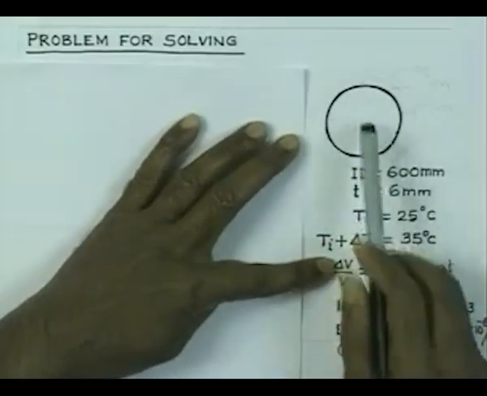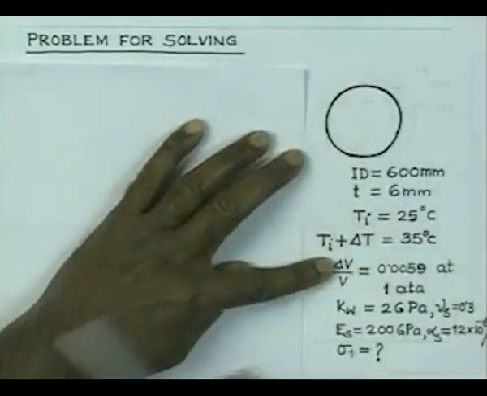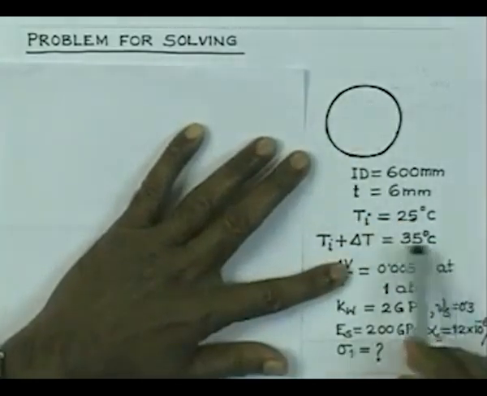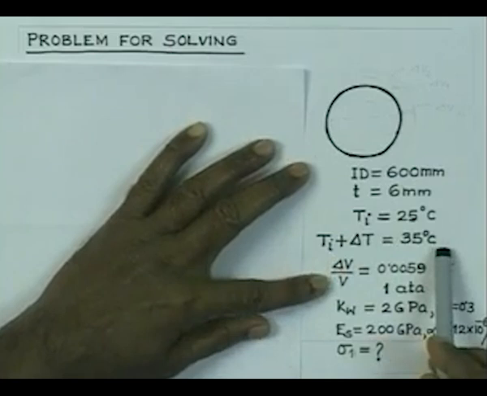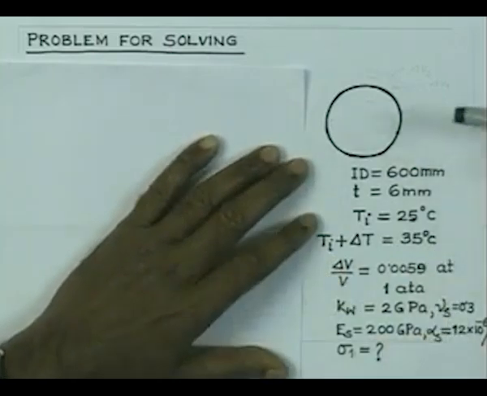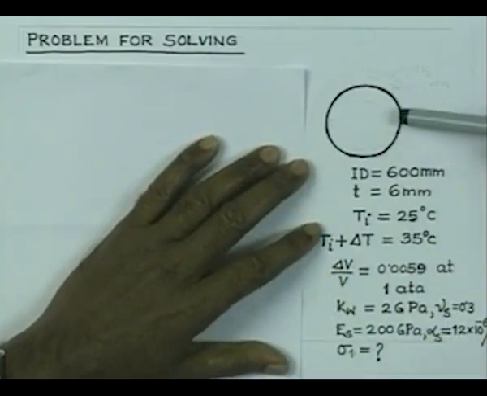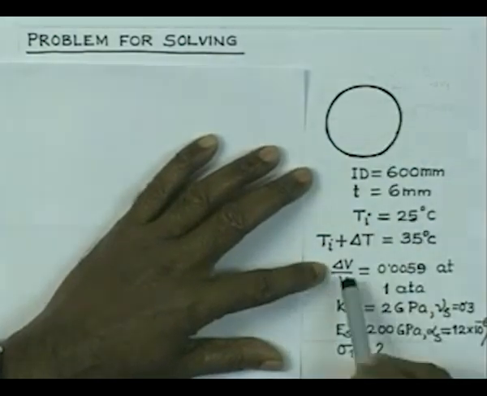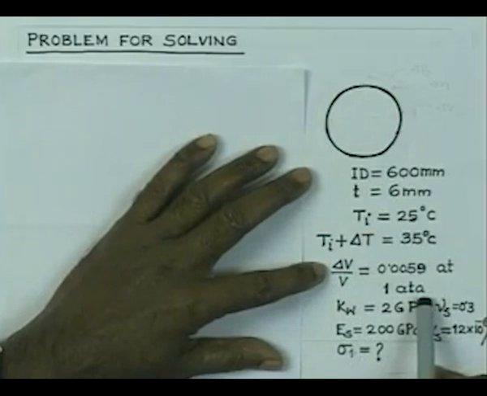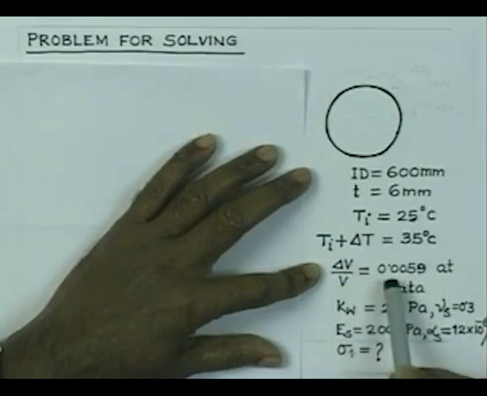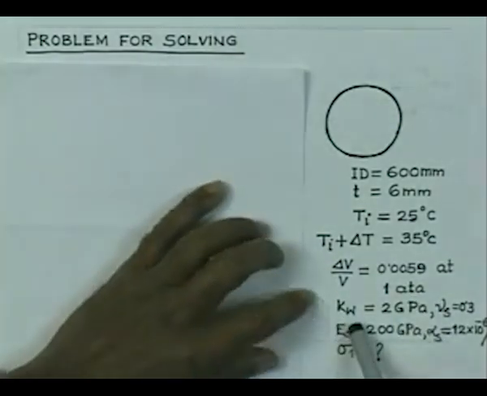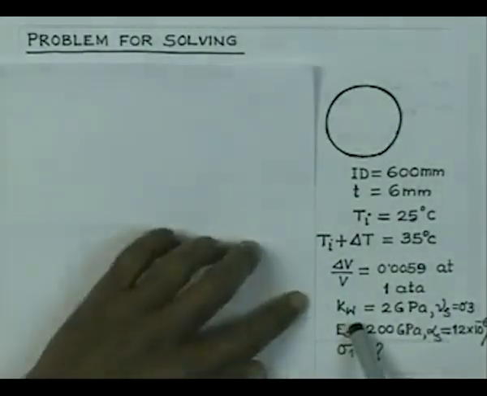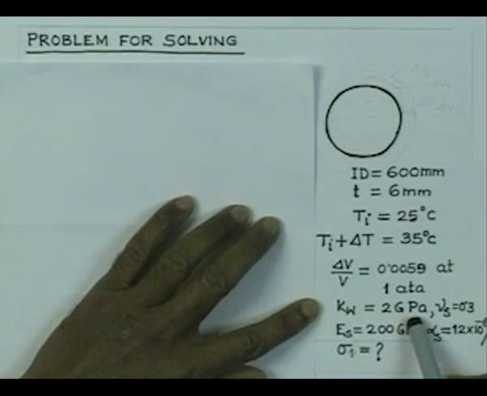Now, the temperature of the water is raised by 10 degrees, so it is made 35 degrees centigrade. You have to calculate the stress in the vessel given that the volumetric expansion at atmosphere in this temperature range is 0.0059 units per unit volume. Bulk modulus of water is 2 GPa.